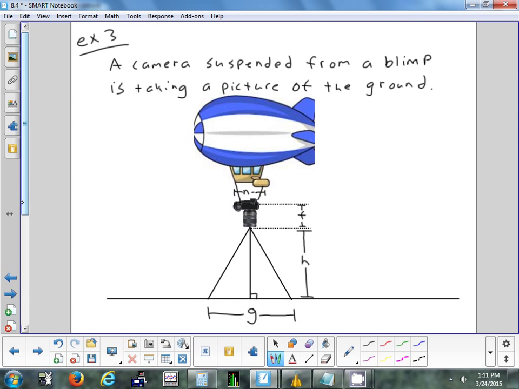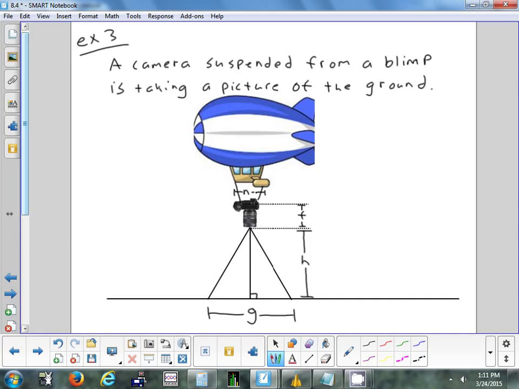All right, let's look at this. Okay, so this picture, there's a blimp. Okay, there's a camera mounted to the bottom of it. Okay, it's taking a picture. And if you want to know what some of this stands for, H is the altitude of the camera off the ground.